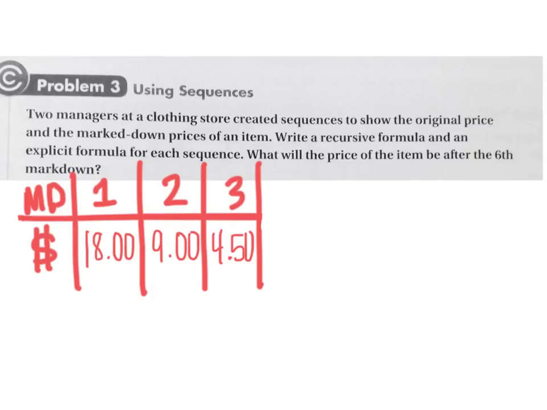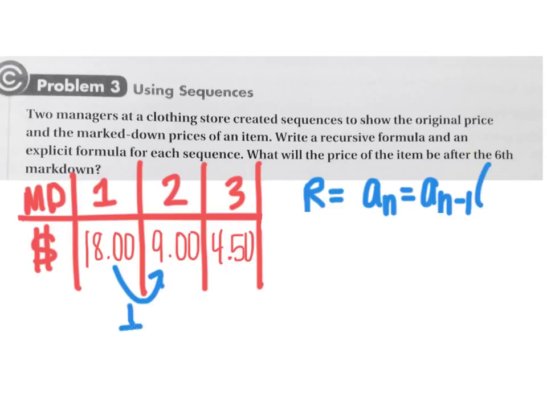So the recursive formula is going to be A sub N equals A sub N minus 1 times the common ratio. So from here to here, I halved it. From here to here, I halved it. So it's going to be half, or 0.5.